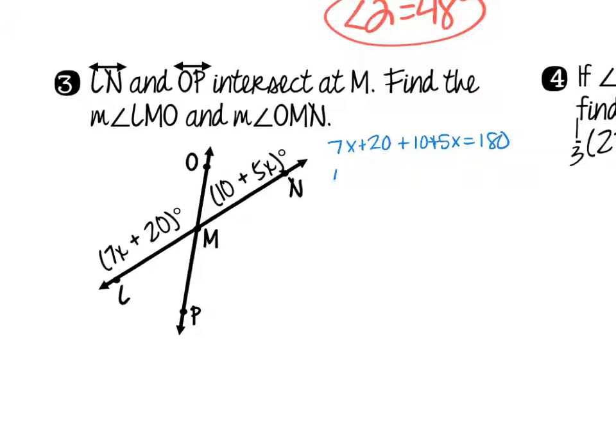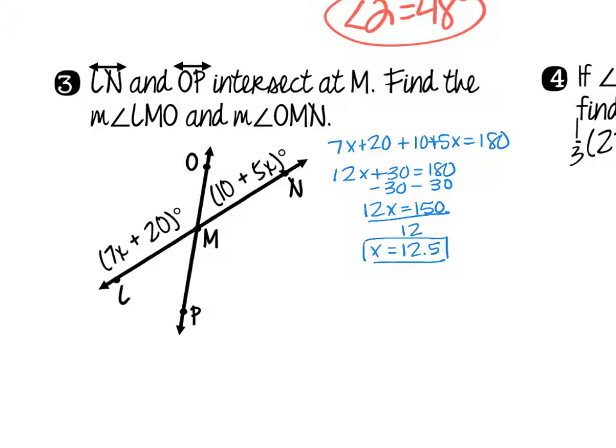So then 12x plus 30 equals 180. Subtract 30. 12x equals 150, divide by 12, and x equals 12.5. But that's not what they asked me for. What they asked me for was the angle measures.